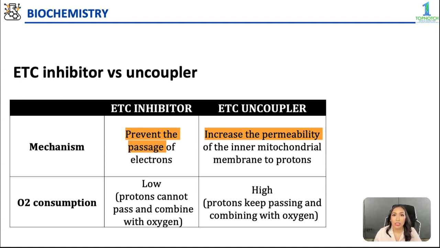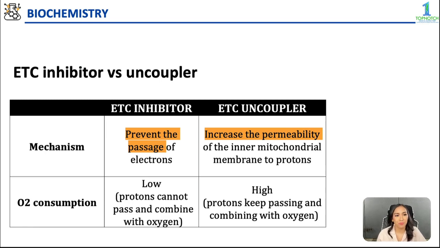So, therefore, sa ETC inhibitor, O2 consumption is low, protons cannot pass and combine with oxygen. Sa ETC uncoupler, O2 consumption is high. Protons keep on passing and combining with oxygen, but still no ATP is formed kasi walang gradient.